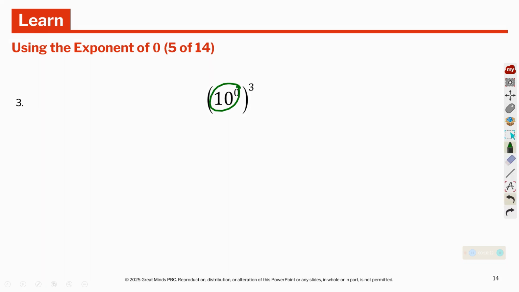The inside is 1, and 1 to the 3rd power is 1 times 1 times 1, which is just 1. Negative 4 to the 5th is all to the 0 power, so it is equal to 1. This is 1. But then we have 7 to the 5th times 7 to the 3rd, so we add those exponents, and we will get 7 to the 8th.